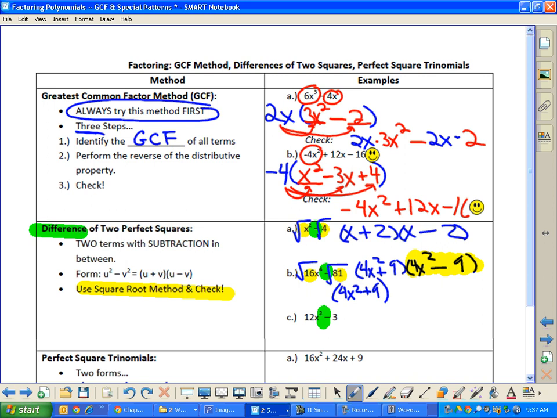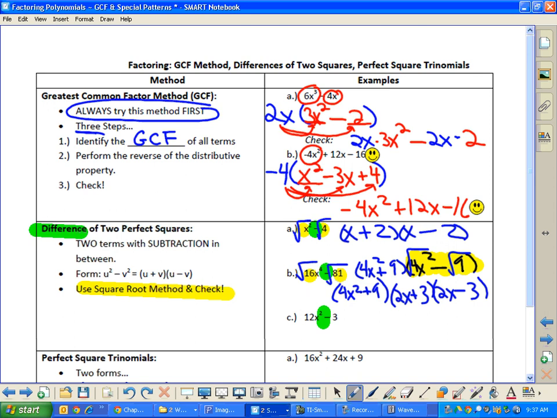I'm showing you how to factor now a difference of two perfect squares. I would square root this first part, square root this last part. Square root of 4x squared is 2x. Square root of 9 is 3. Put in a plus and a minus. So now if I FOILed and distributed all over again, I would get 16x to the fourth minus 81.